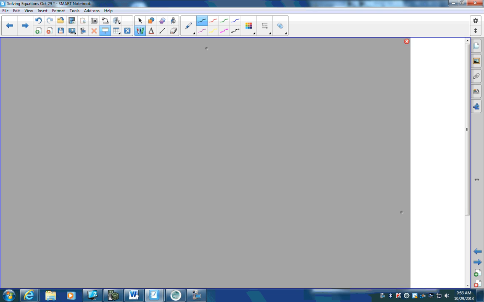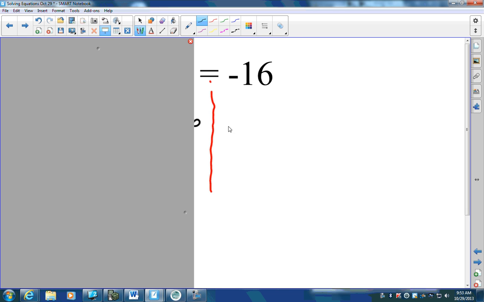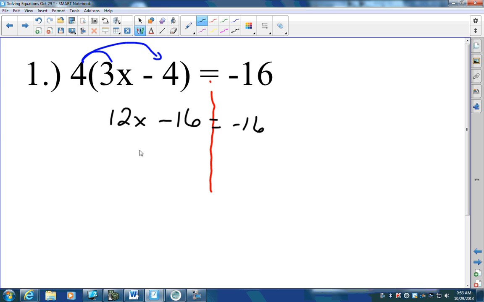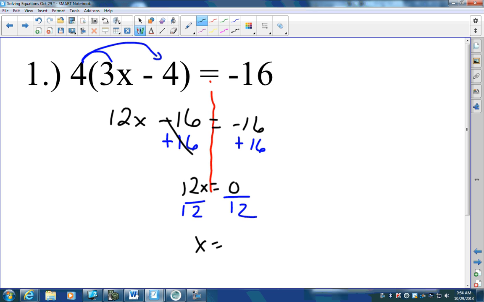When I look at the right-hand side, the only thing I see is negative 16, so I just leave it as negative 16. Now, to solve for x, I'm going to add 16 to both sides. I get 12x equals 0. Divide by 12, x equals 0.